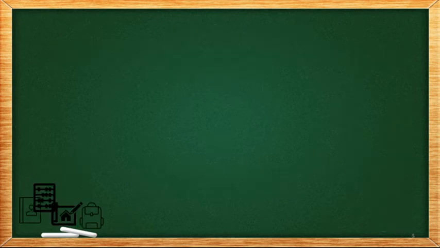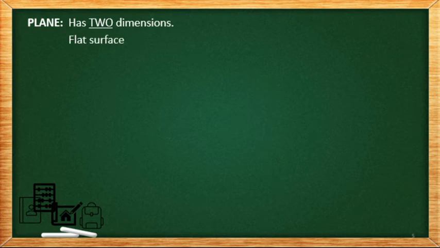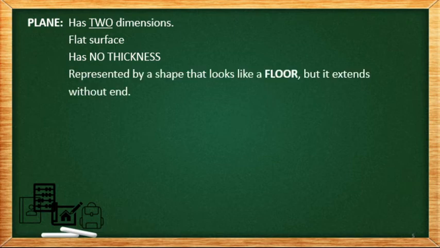So proceed tayo sa next undefined term. Plane. Plane has two dimensions, a flat surface, but has no thickness. Represented by a shape that looks like a floor but extends without end. So same lang yan sa line. Kung ang line in either direction ang pag-extend niya, etong plane, ang extension nito in all sides niya.